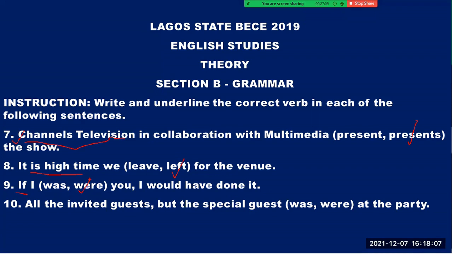It is a conditional clause that expresses an unreal and impossible idea, because it's not possible for me to become you. If I were you, it's not possible. I cannot be you at any time. If I were you, I would have done it.